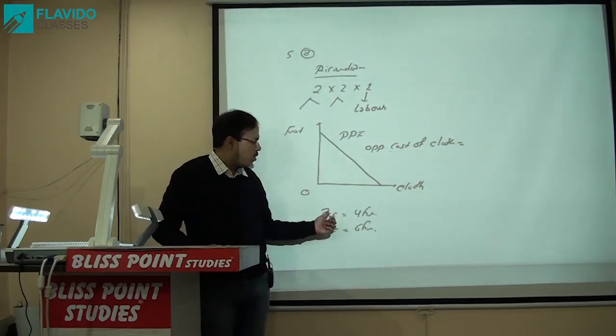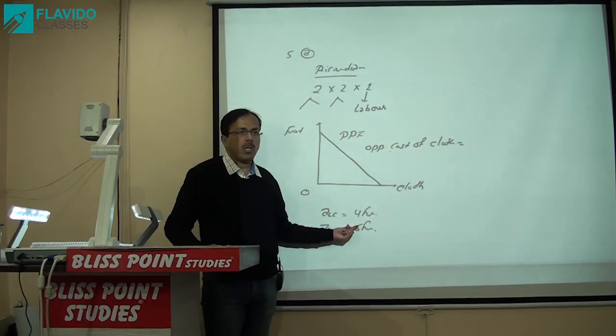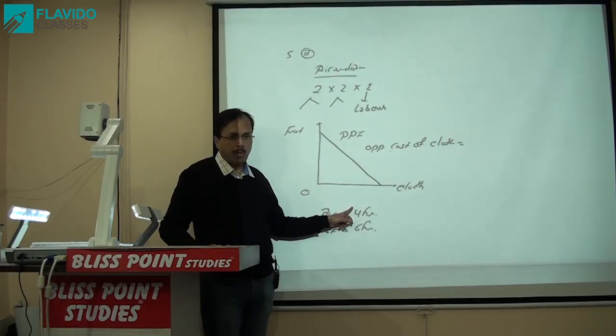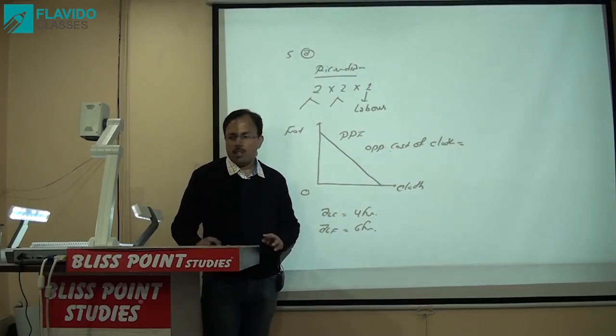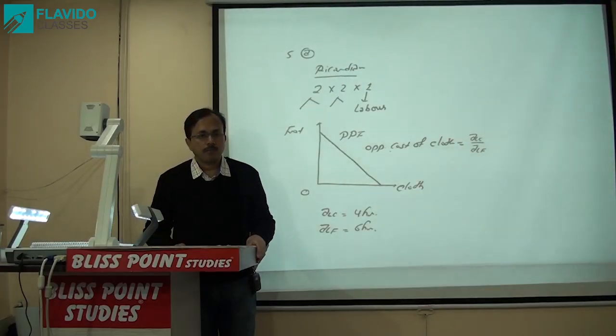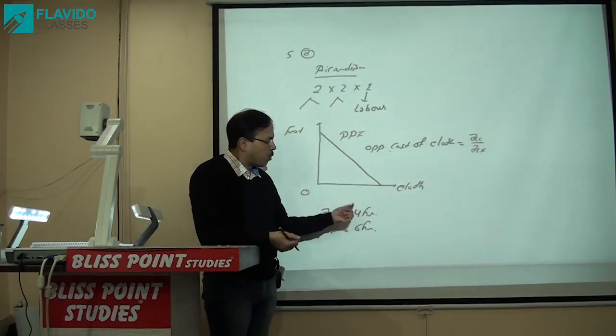So to produce 1 unit of cloth you require how much time? In those 4 hours, how many units of food could have been produced? 2 by 3. So basically opportunity cost becomes ALC by ALF, 2 by 3, 4 by 6. So opportunity cost of cloth is nothing but ALC upon ALF. But does this model explain why it takes 4 hours here?